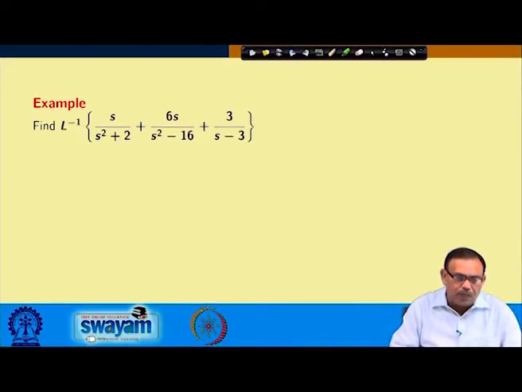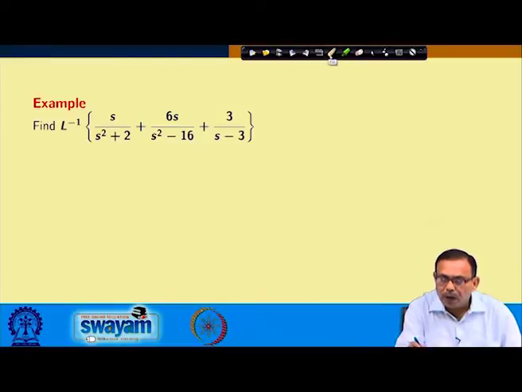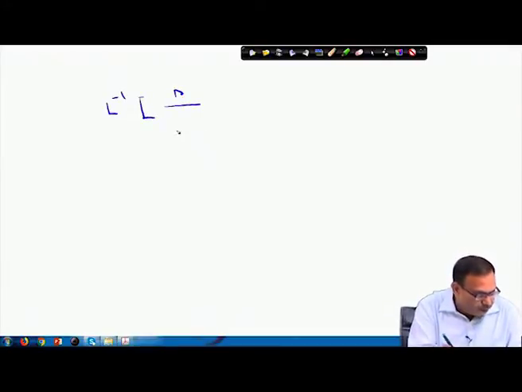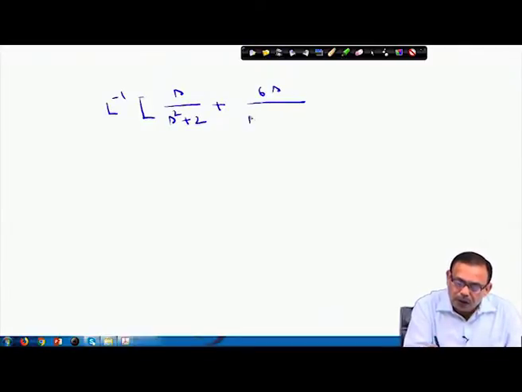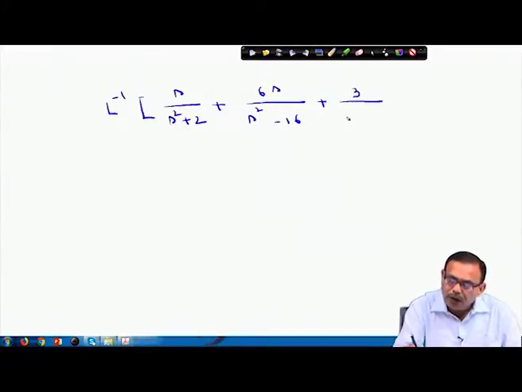Let us take an example of how to find the Laplace inverse of this function, which is a function of s. Your function is Laplace inverse of s by s square plus 2, plus 6 s by s square minus 16, plus 3 by s minus 3.